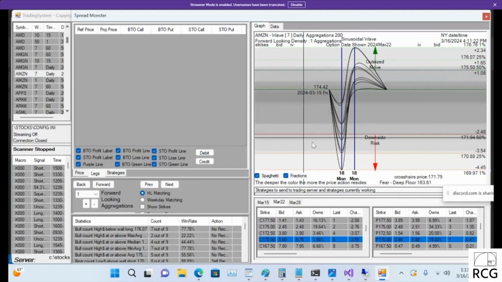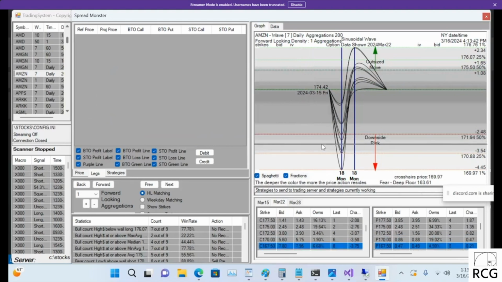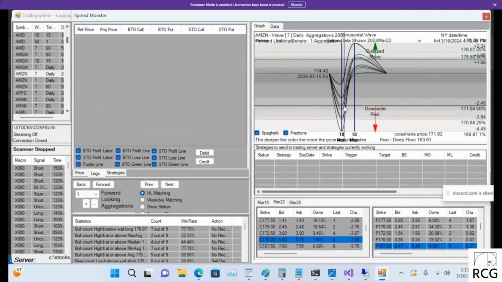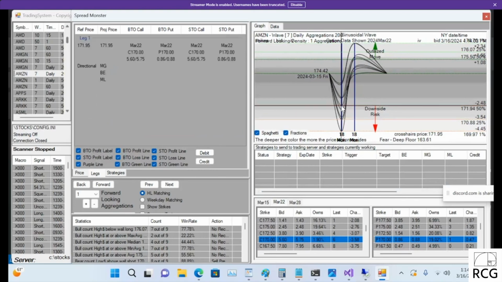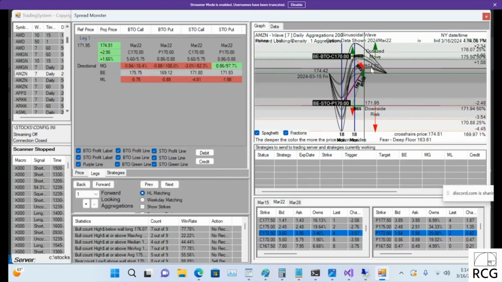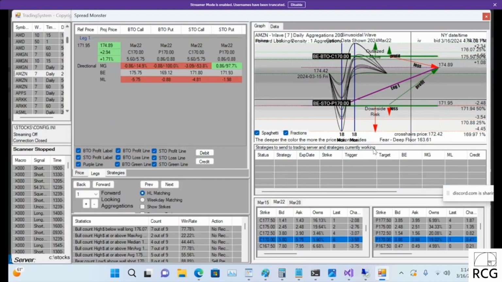When you draw out into SpreadMonster here, you'll see below there are the strategies: the status, the strategy, expiration date, strike, trigger. The trigger information tells the server what you want to do. Those are the instructions for the server that go into the trigger.